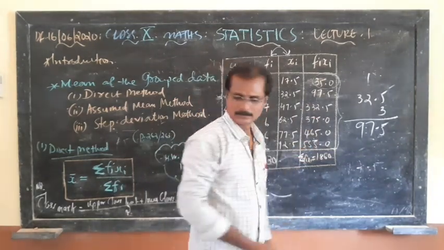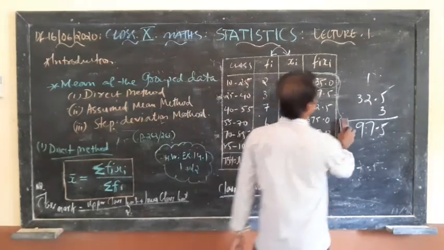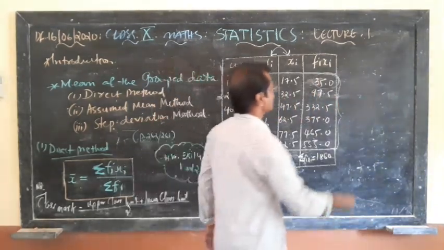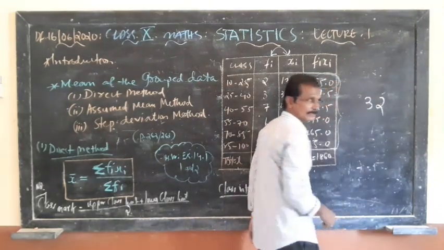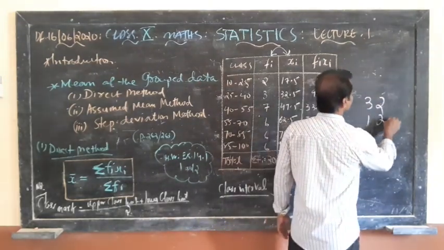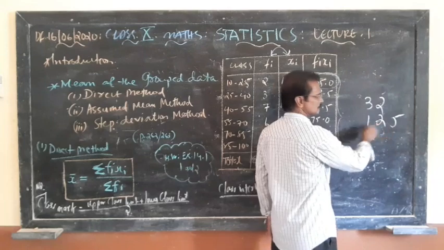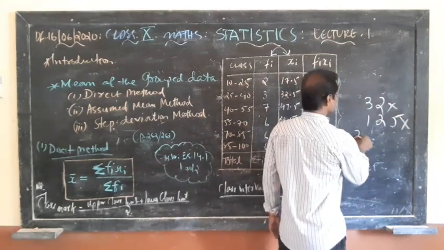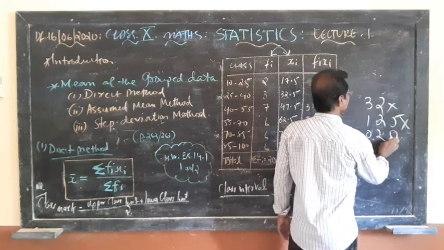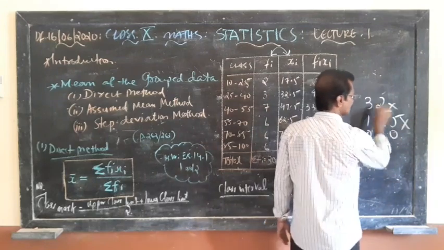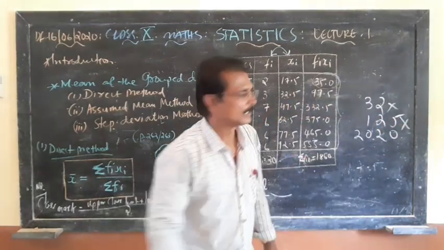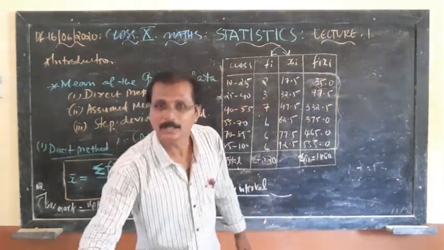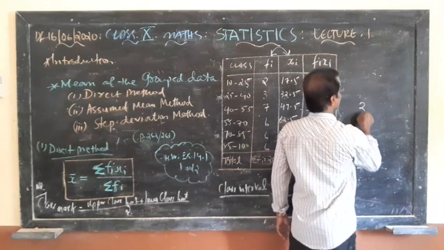Please do not write like this, because I will show you an example. Say two digits are there, then 125, three digits are there. This is wrong. Again 2020. Okay, this is the wrong method. So the ones position number should be right below the ones position.